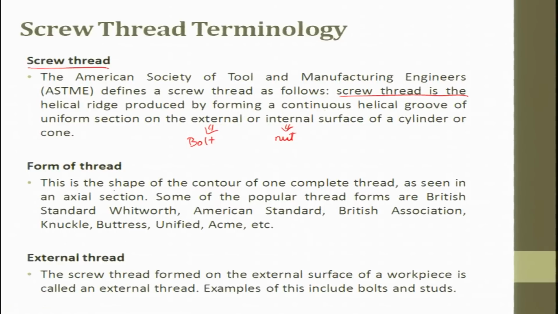Form of thread is the shape of the contour of one complete thread as seen in an axial section. Some of the popular threads formed are British Standard Whitworth, American Standard, British Association, Knuckle, Buttress, Unified and Acme.